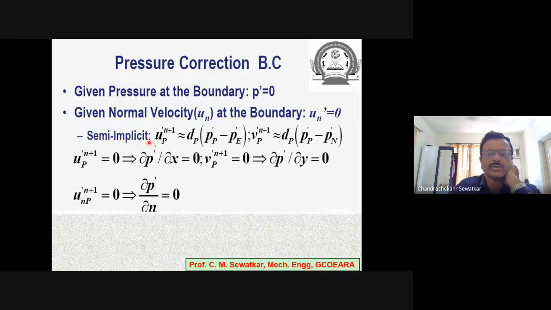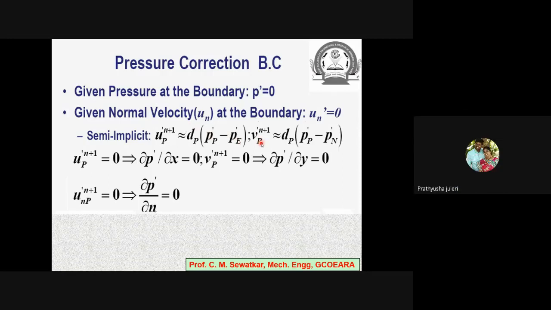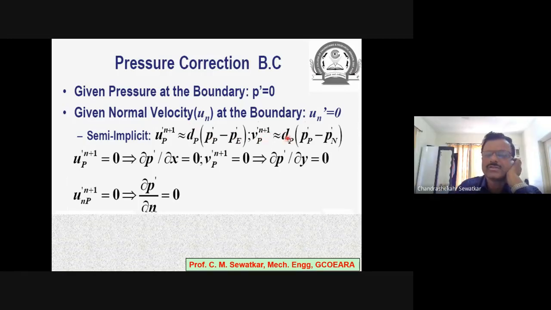So for up prime at n plus 1 level, I can write down a simple expression in terms of pressure correction. This is my velocity correction formula. So up prime at n plus 1 level is equal to dp into (pp prime minus pe prime). We have seen this equation. Similarly, vp prime at n plus 1 level is equal to dp into (pp prime minus pn prime).